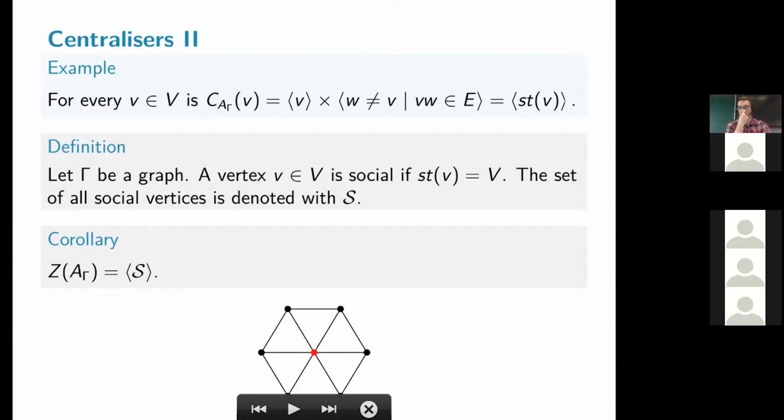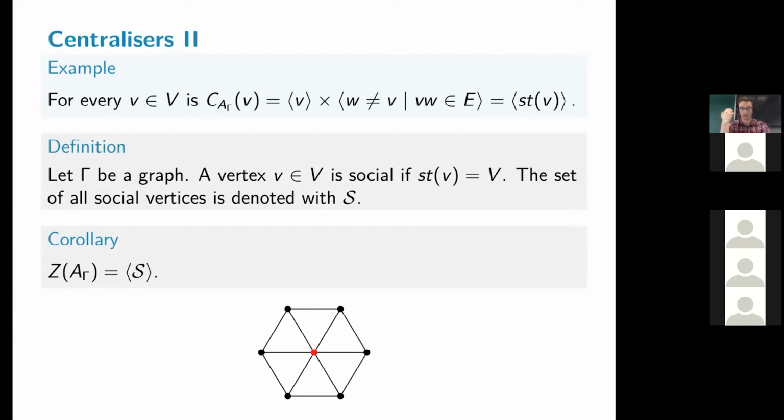So in here, for instance, in the image, you have a hexagon with a central added vertex that is connected to all other ones. So this red one will be the sole social vertex. So the center of the right-angled Artin group associated to this graph will be the group generated by this single red vertex.